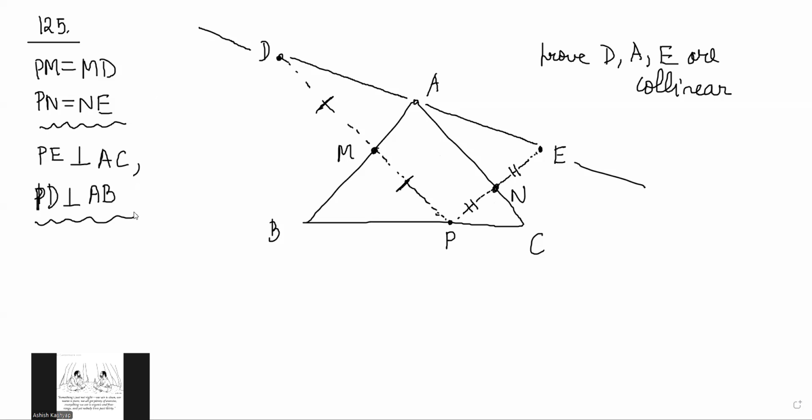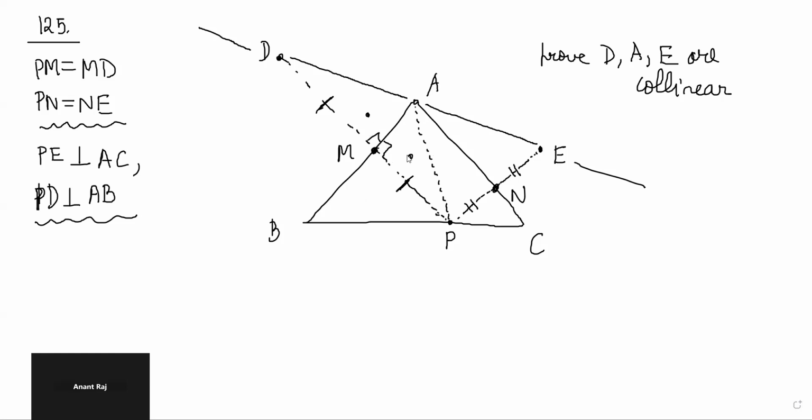Okay. So let's think about congruency. What triangles can we see which are congruent? Maybe we should join A and P, and let's think about this triangle. This is obviously congruent, SAS. Can you see that?